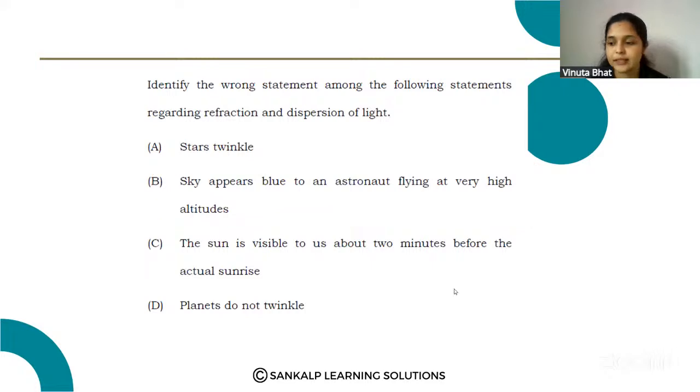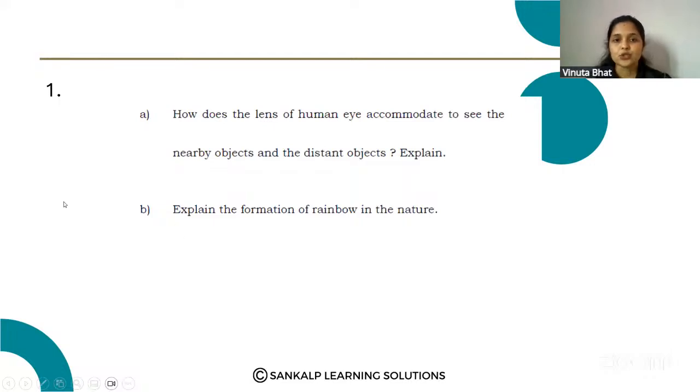Okay, let us move to the next question. Let's see the next question. How does the lens of the human eye accommodate to see nearby objects and distant objects? Explain. Explain the formation of rainbow in nature. Please write down the question. After that, we are going to discuss the answer for this question. This is a 4-mark question. This one is for 2 marks, and this one is also for 2 marks.